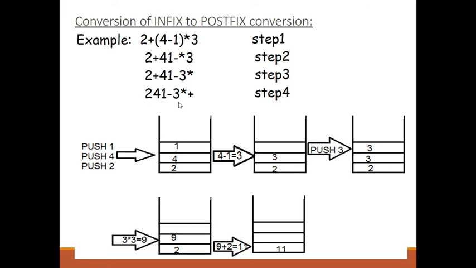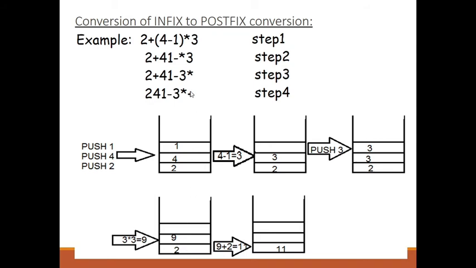Now after 3, we have a multiplication, which is asterisk. It means that from the current content of our stack, we'll be multiplying the last 2 contents of the stack, which are 3 and 3, with the asterisk operator, which is multiplication. So 3 times 3 is equivalent to 9. That would be pushed again to the stack, so the current content of the stack is 9 and 2.